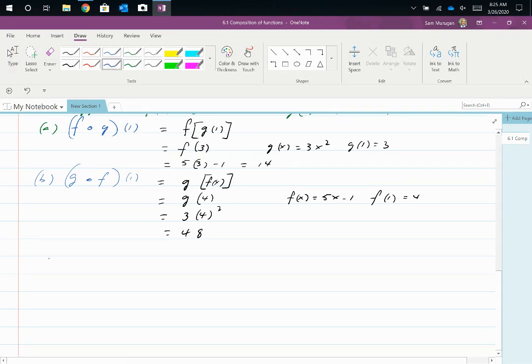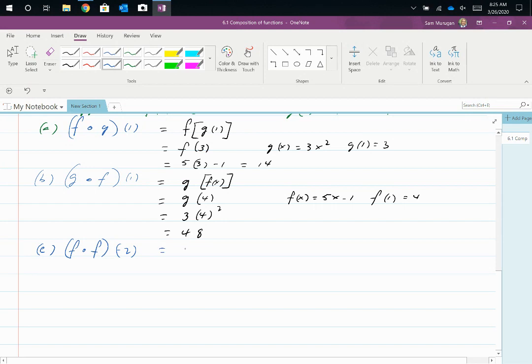If we're asked to substitute the f function with itself and substitute a value, let's say f substituted with f, substituted with, say, -2.